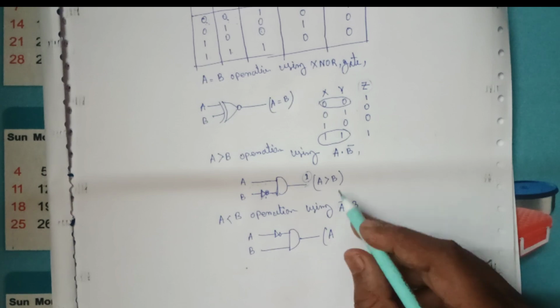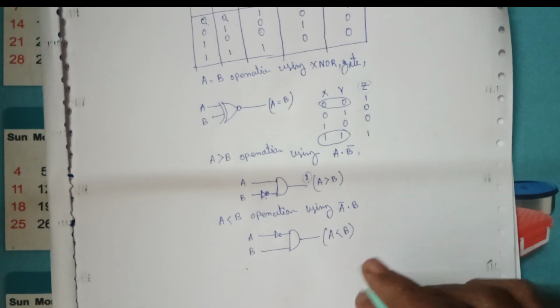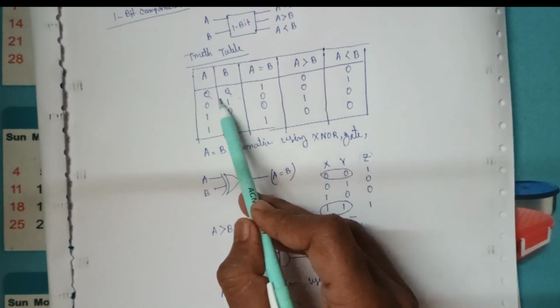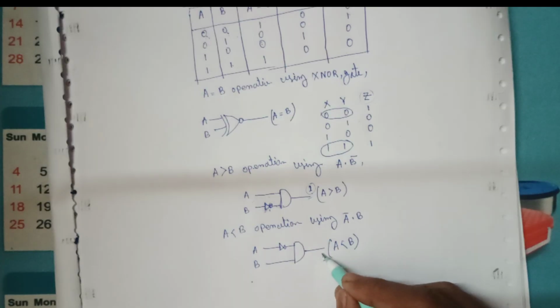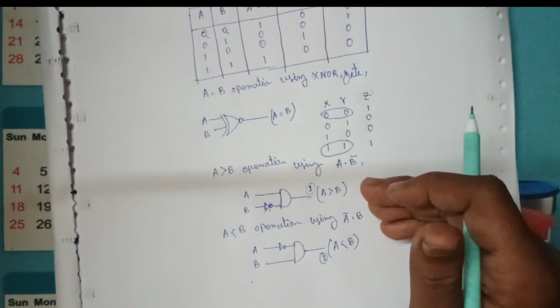If you check, you can see the results. For only this condition, you can see this will give 1. And for other conditions, it will give false or 0.